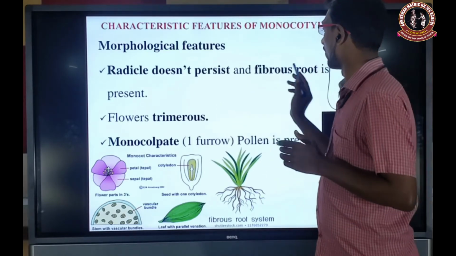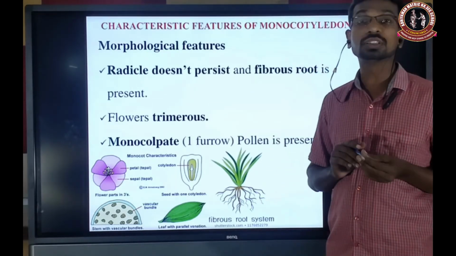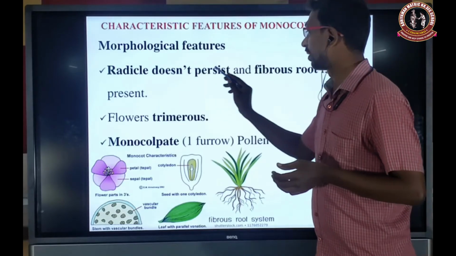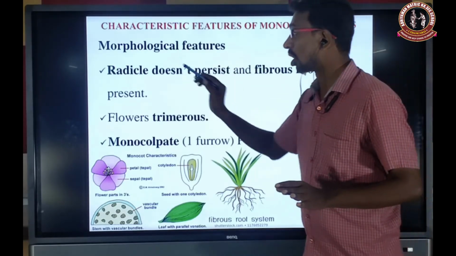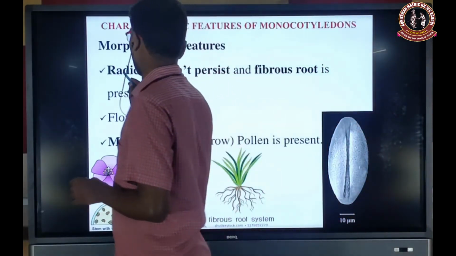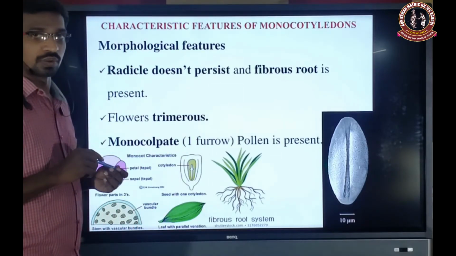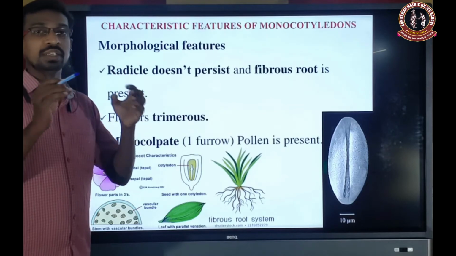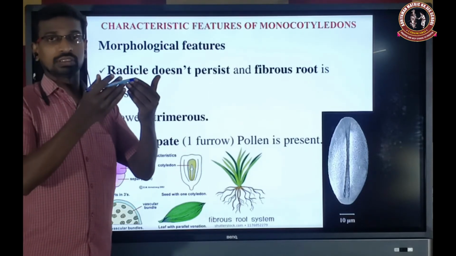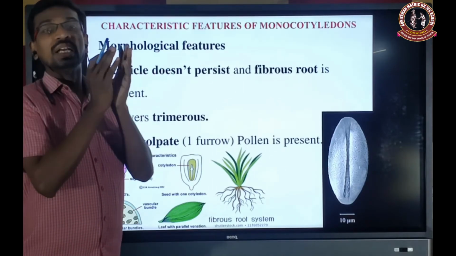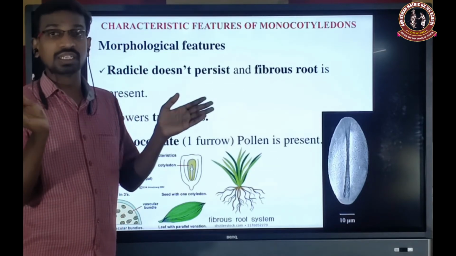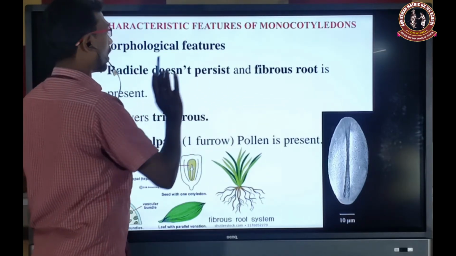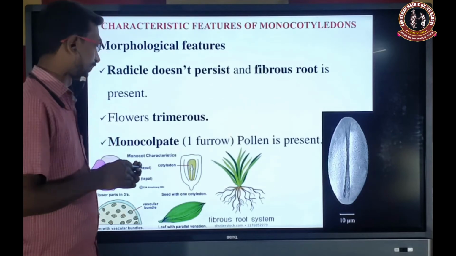That is the adventitious or fibrous root. So the radicle does not persist, because it only forms the primary root.